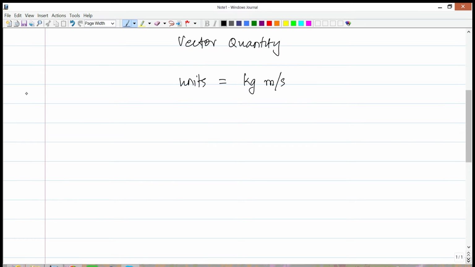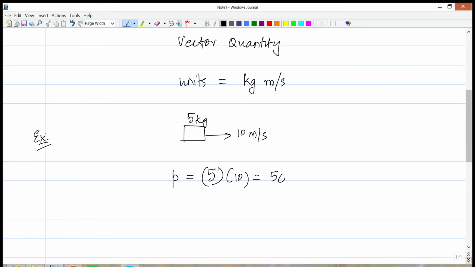So let us apply a couple simple ideas to some problems. Let's say that I have a block of mass 5 kg, moving to the right at a speed of 10 meters per second. Let's calculate its momentum. By definition, momentum is simply equal to mass times velocity. So it is equal to 5 times 10, which happens to be 50 kg meters per second.